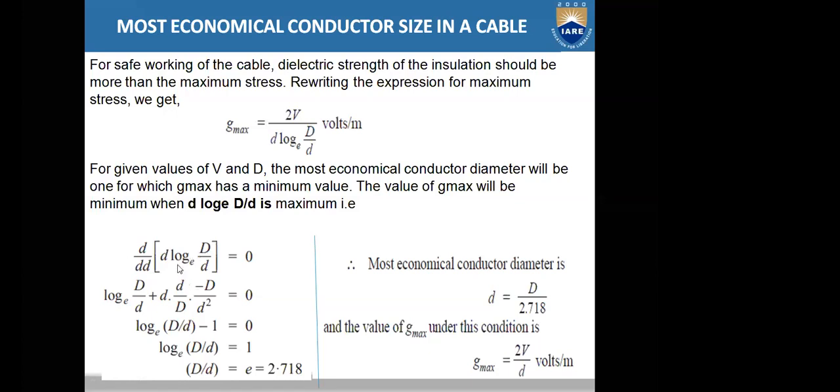So you keep the first term as constant and differentiate the other. Differentiation of d with respect to d will become 1.